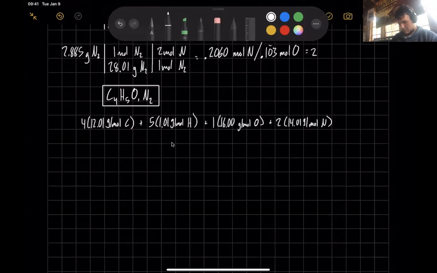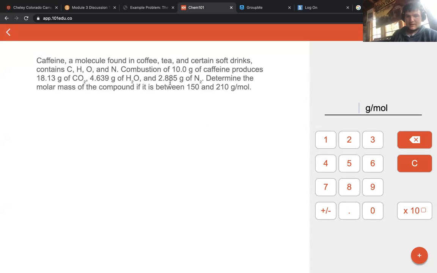Adding these up, we get 97.11. But if you remember before, the problem stated that its molar mass is between 150 grams per mole and 210 grams per mole. 97 does not fall in that range.